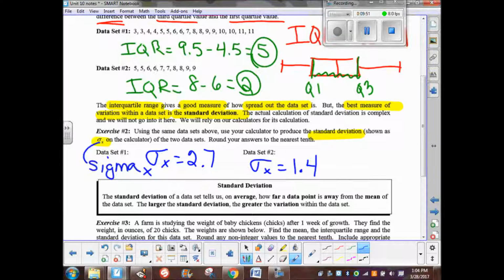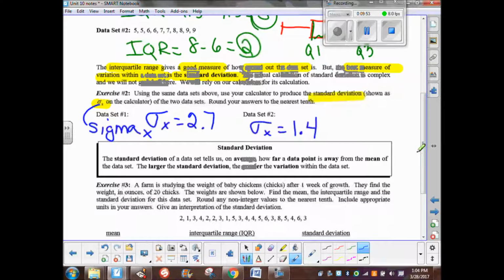So what exactly is standard deviation? It tells us about the variation, but what specifically about the variation? The standard deviation of a data set tells us, on average, how far a data point is away from the mean. Just marinate on that one for a second.